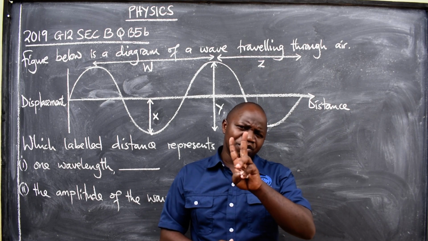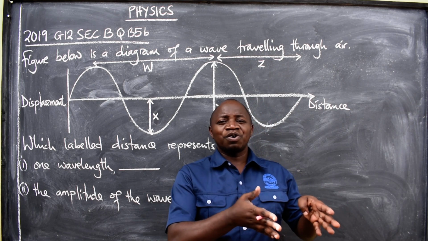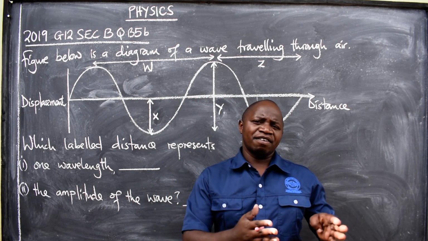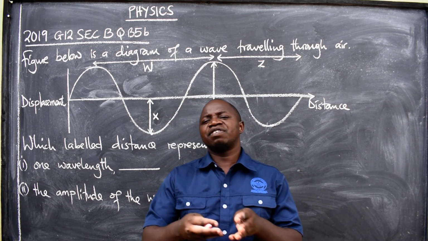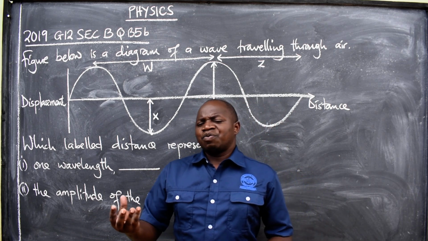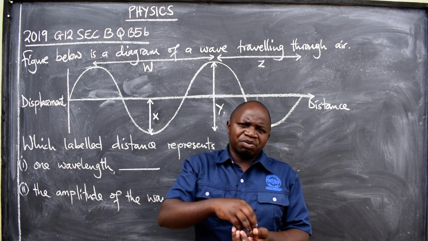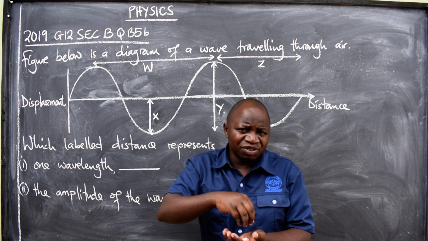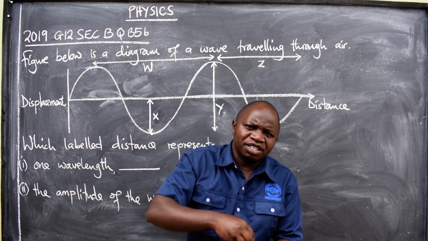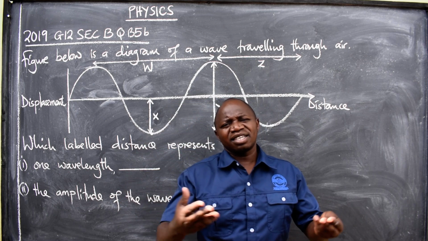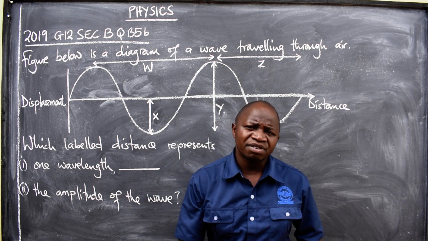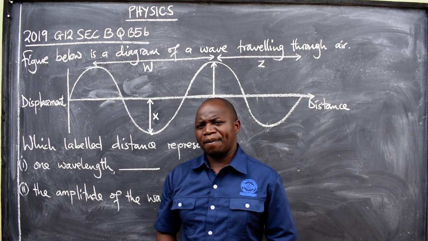We have two major types of waves: transverse waves and longitudinal waves. A very good example of a transverse wave is a water wave. When you drop something in water which was at rest, you've caused a disturbance. That is a wave. Under longitudinal waves, we have sound waves.